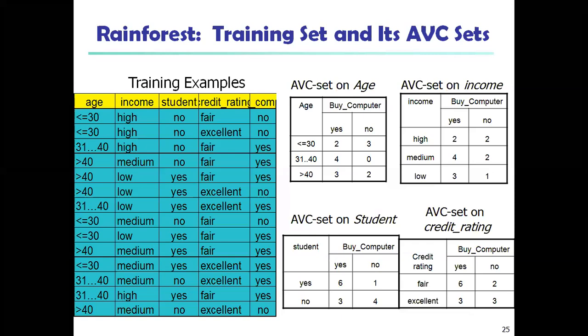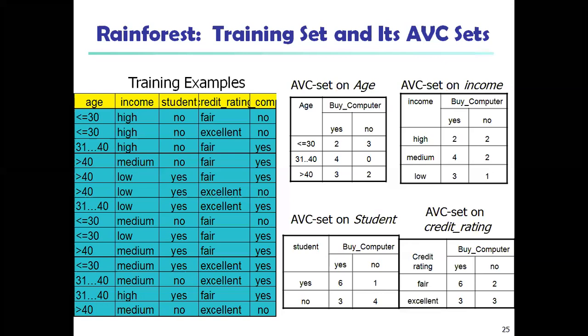For 31 to 40, all 4 people buy the computer. Next, greater than 40, 3 people buy the computer and 2 people do not. That is regarding the AVC set on age.